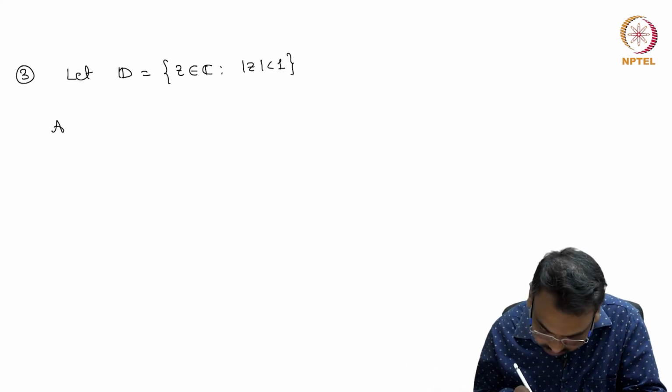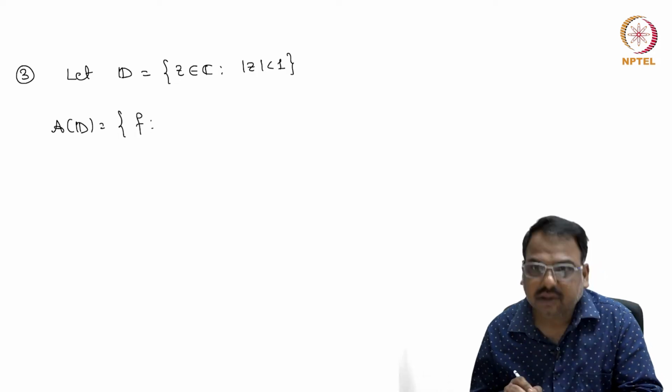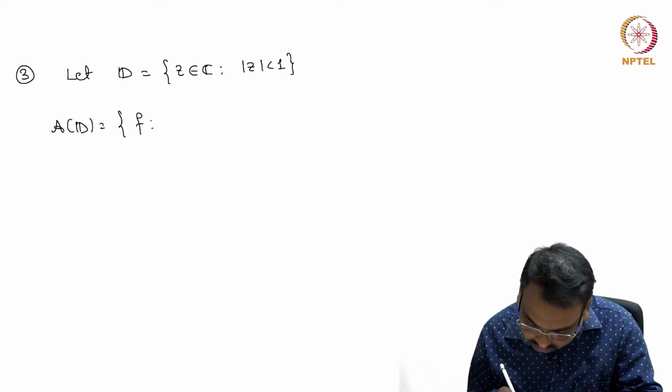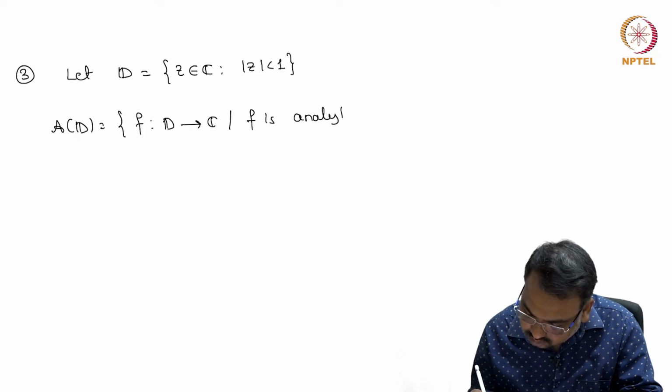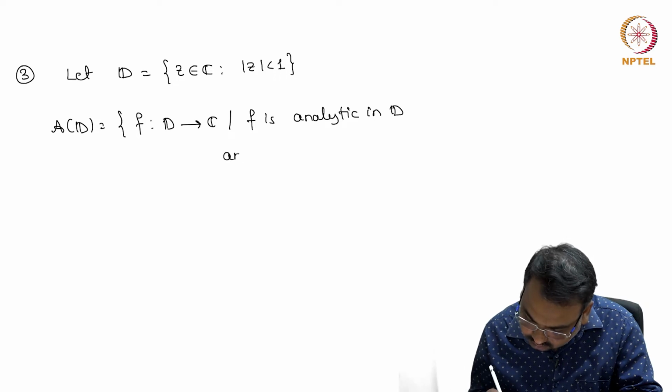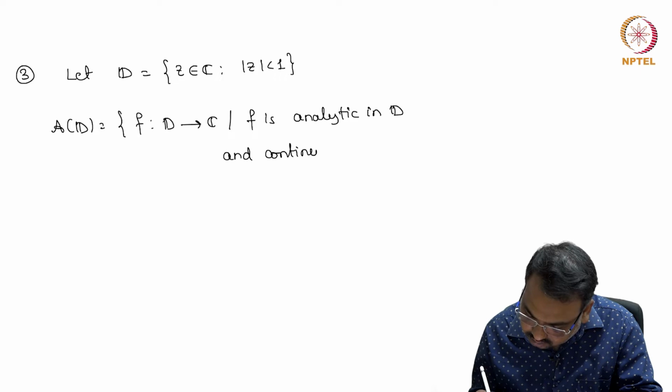Define A of D, the set of all functions from D to C, such that f is analytic in D and continuous on the boundary of D.